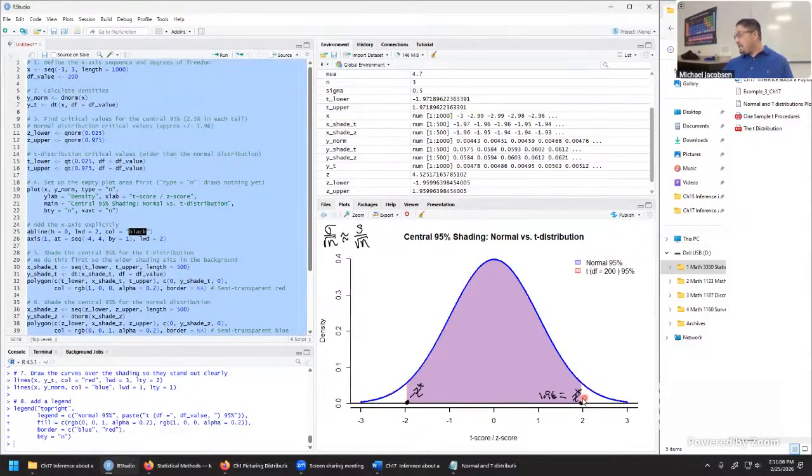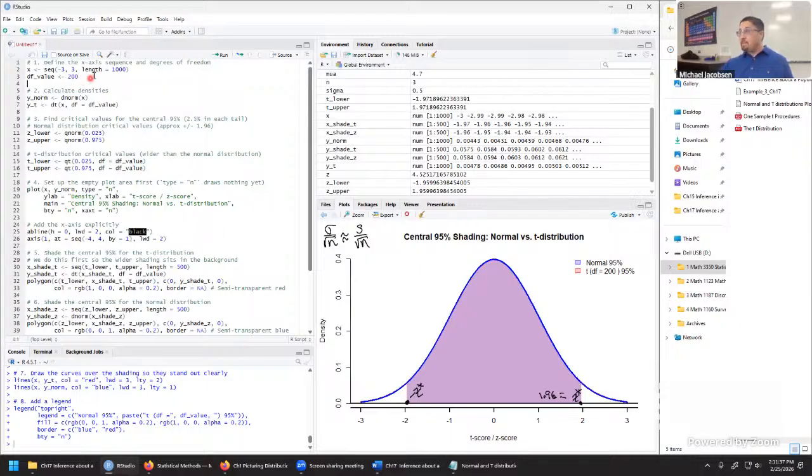We can't quite see it here, but t star and z star are very, very close, yet t star is still bigger. We should still use the t methods because we want our intervals and our hypothesis tests to go as honestly as possible. There's still an error in making this measurement at any sample size. So even though they look close, the area for the t distribution is slightly bigger.